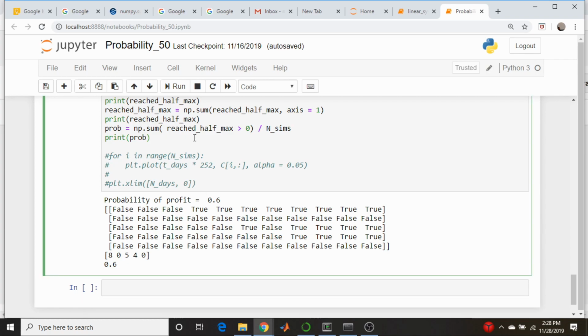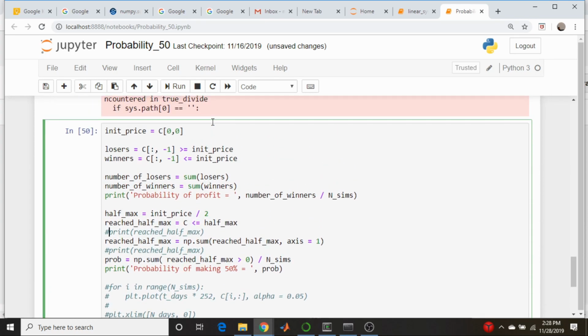So let's go here and just add some text here. Probability of making 50% is equal to that. And let's get rid of these debugging print statements. I'm just going to comment them out for the time being.